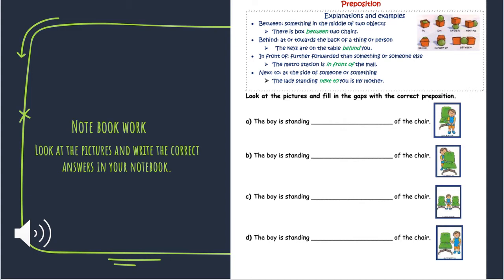So you can copy the full sentence and definitely you have to complete the sentence using the correct preposition. Okay? Now you have to do this activity in your English notebook. Do it quickly.